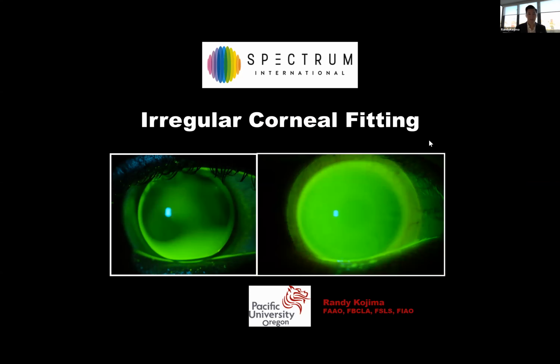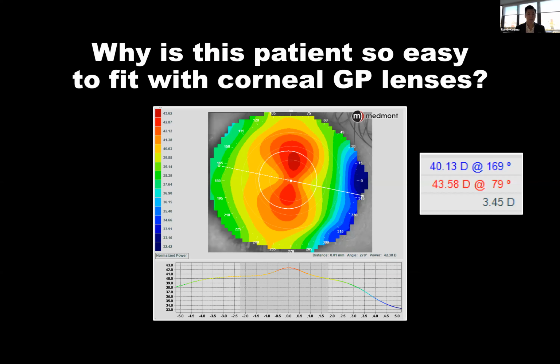Let's begin. Okay, so we'll talk about using corneal GPs for the irregular cornea, as well as using scleral lenses for these diseased, asymmetric, and very challenging eye shapes. Now, with corneal GPs, why is this patient so easy to fit? Why is it technically relatively simple?